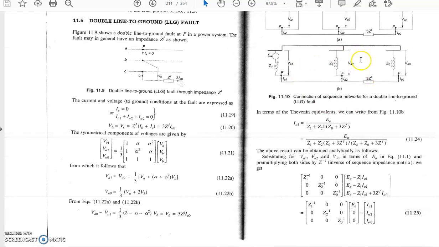If we get the value of IA1, IA2, and IA0, then we can get the values of VA, VB, VC, and IB, IC, and other parameters in the same way. So this is the double line to ground fault.